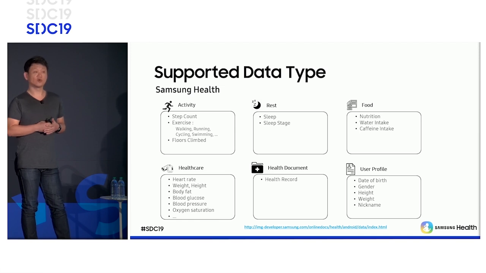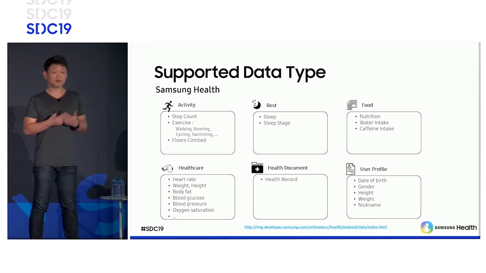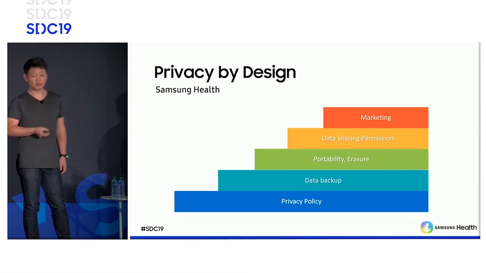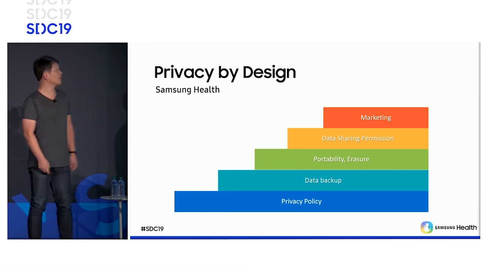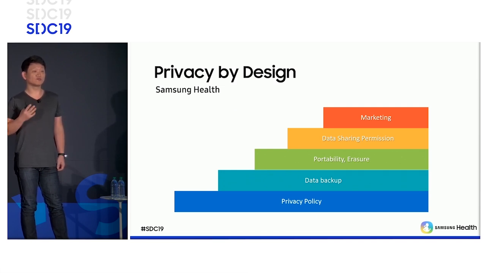Health data is known as very sensitive personal information. Data privacy and security is getting more and more important. So therefore, we follow privacy by design. Privacy is related to the right you have to control your personal information and how it's used.